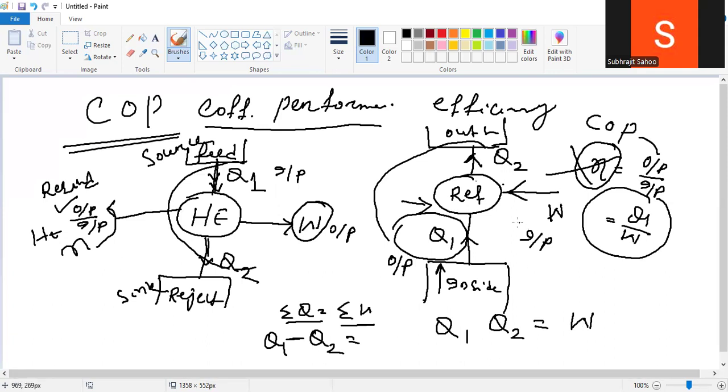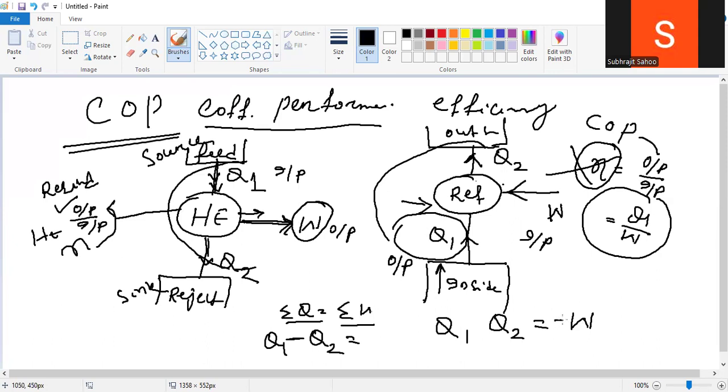Here are we giving work or getting work? Here we are supplying work to the refrigerator. But in the heat engine case, we are getting work. That's why work was positive. If any engine or system produces work, that is treated as positive work. If any engine or system consumes work, that is treated as negative work.